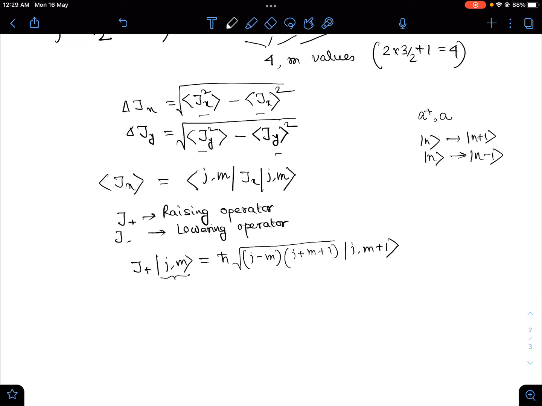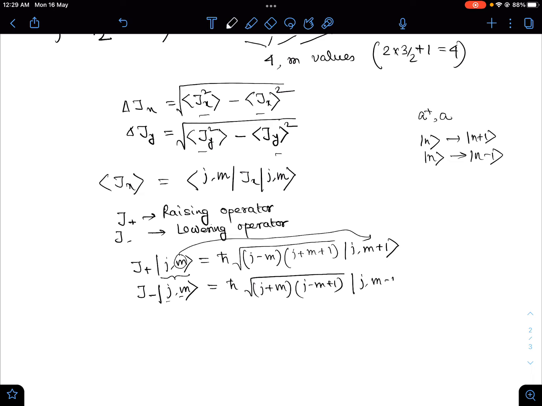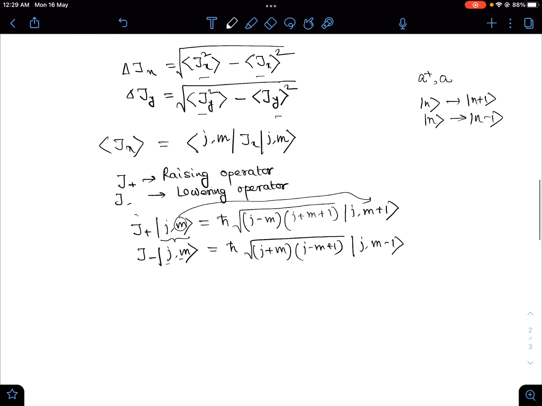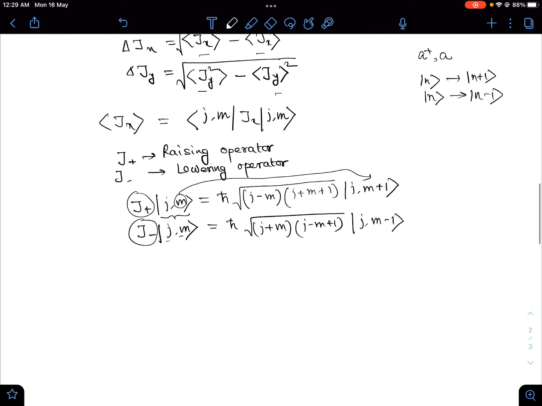That means it transits the value m to m plus 1. Similarly, J minus gives ħ root of (j plus m)(j minus m plus 1) and brings the state |jm⟩ to |j, m−1⟩. That is why we call them raising and lowering operators.